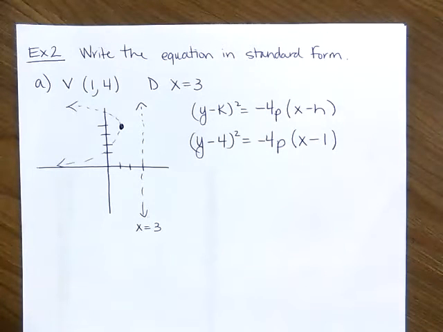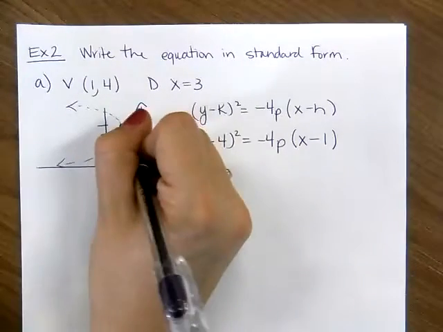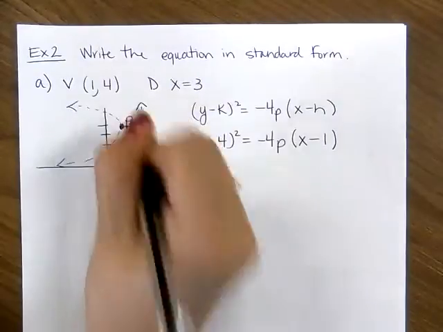How am I going to find p? Go ahead, Colin. That's correct. So this distance right here is p, isn't it?